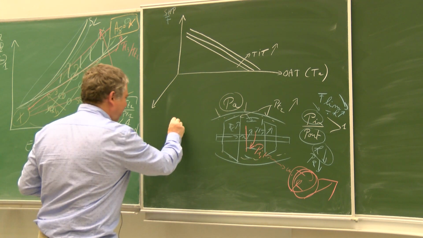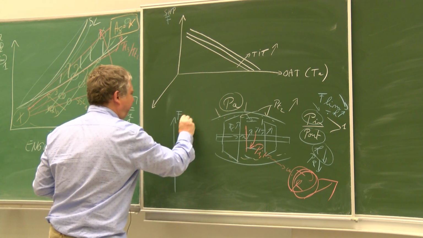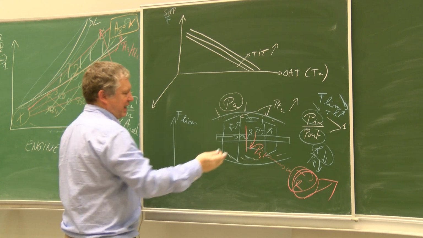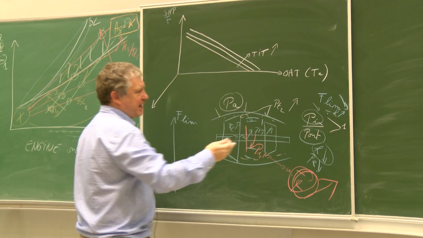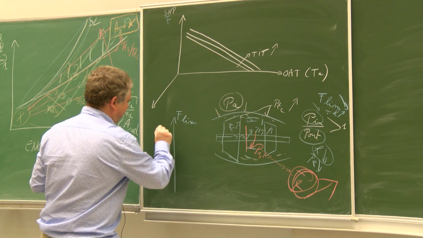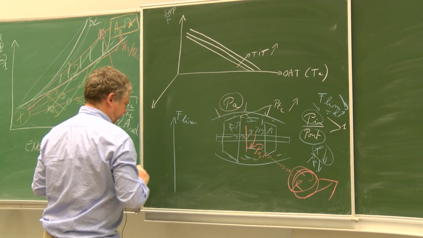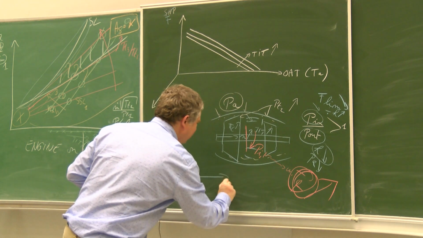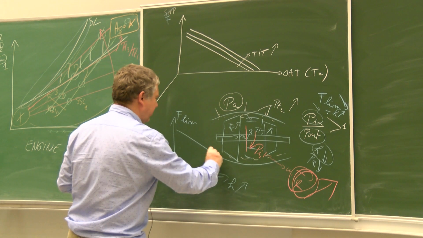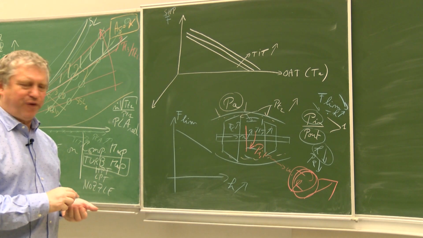So if you want to indicate the F limit, there will be a limit thrust that could break the shaft, but that could also explode the external carter of the engine. If you take this in function of the altitude, and the altitude is decreasing, the limit thrust will be a function like this one.